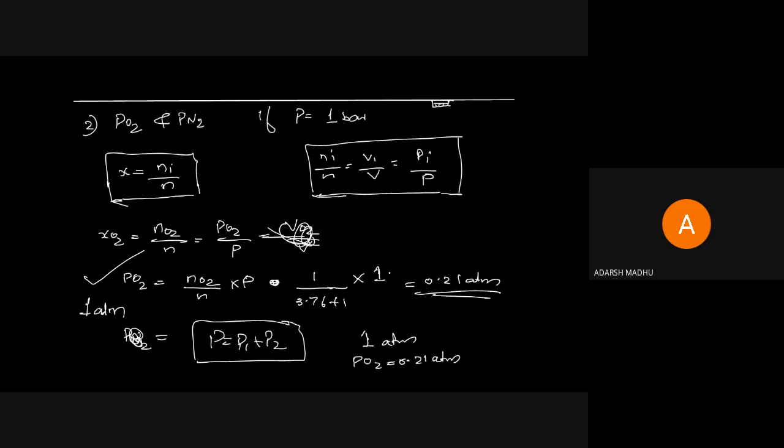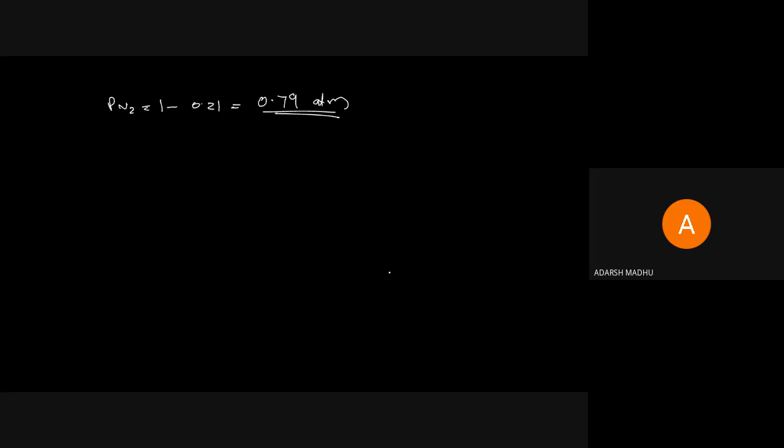Here it is oxygen and nitrogen, P equal to PO2 plus PN2. P and PO2 are known values. Therefore, PN2 can be found using 1 minus 0.21.